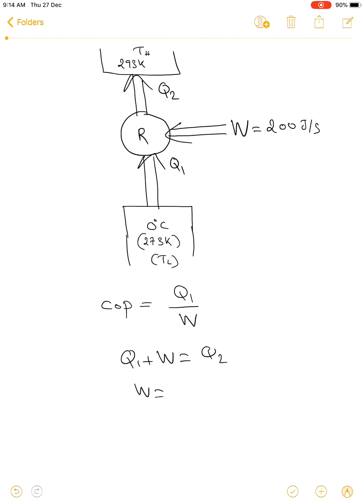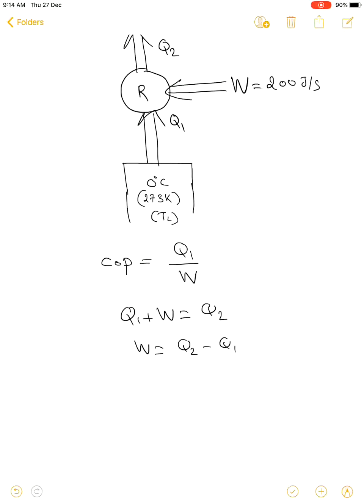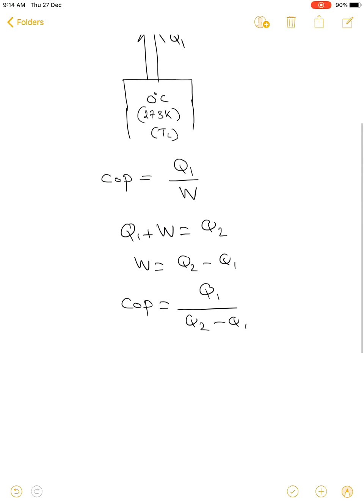So instead of W we can write it is Q2 minus Q1. So if you are putting this value on this equation, so you can write this is Q1 divided by W can be written as nothing but Q1 divided by Q2 minus Q1.